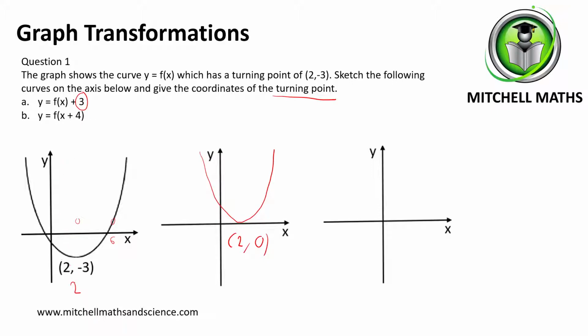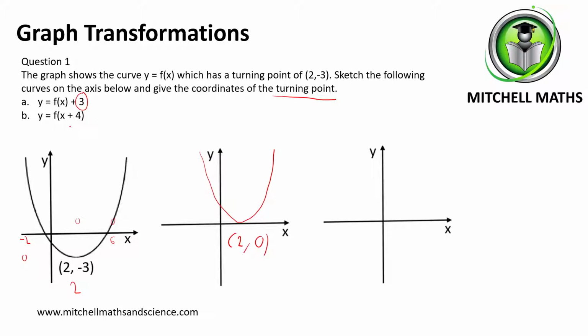If I want to get the same value as I did here, 2, I'd need to start at minus 2, because minus 2 plus 4, remember, if you're adding 4 to it, is 2. So minus 2 would be the minimum point here. So when you add a number to the x value, it always goes in the opposite direction. So if you add something, it'll go in the negative x direction to the left.